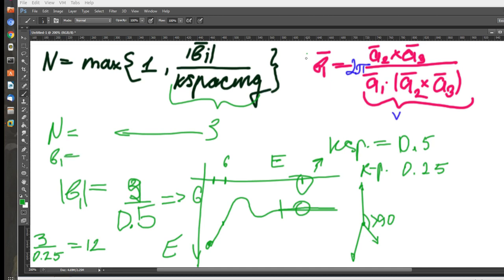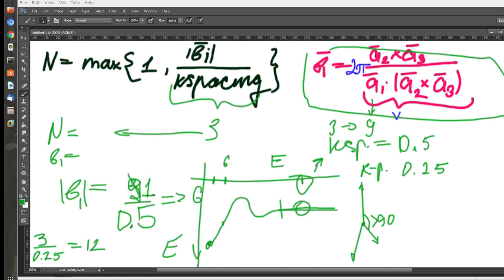So here we have the formula for B1, and when we increase that A from 3 to 9, B will decrease, and we will have here not 9 but 1. And here instead of 6 we will have only 2 K points.